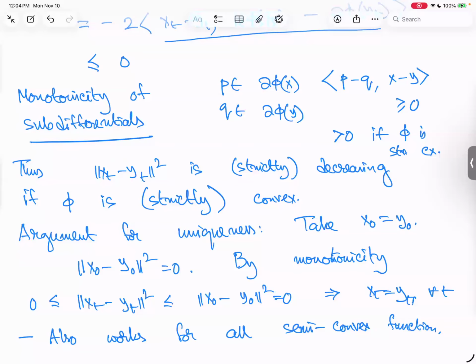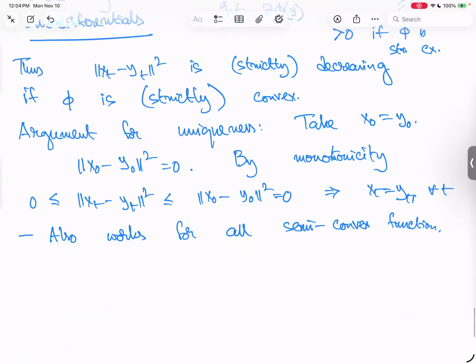So as long as your function is semi-convex, you can get to its solution by using the implicit Euler scheme, and the solution is going to be unique. Everybody good so far? Any questions on this? Are you following this? So now we go to convergence.